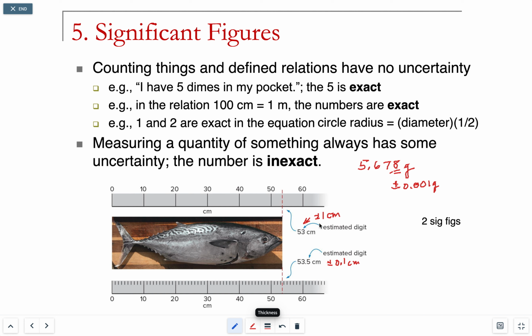So again, looking at these two measurements, this is more precise. It's giving us a little more information than this one. So I hope this allows you to perceive that in any measurement, it's always inexact, and it's that last digit that you're estimating.